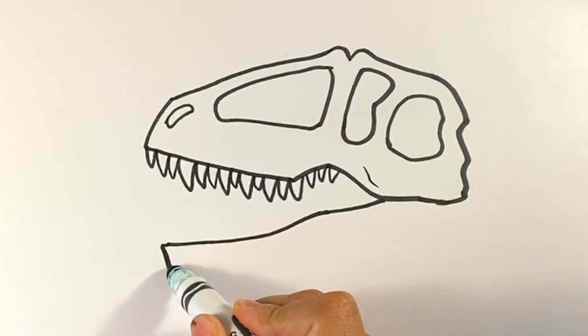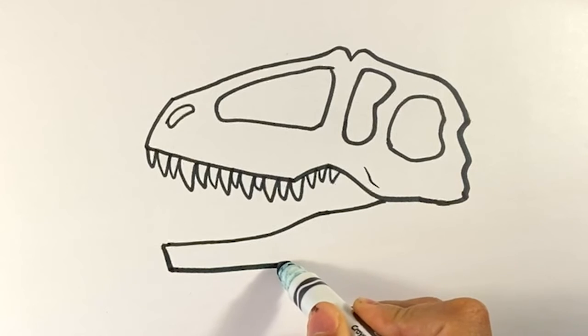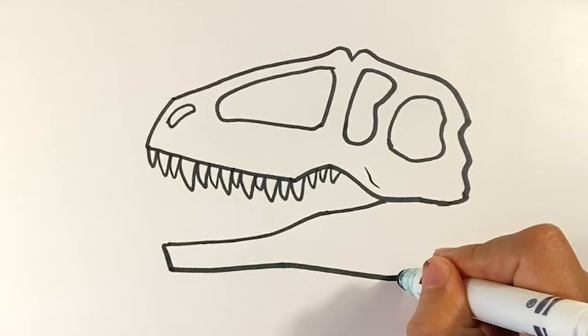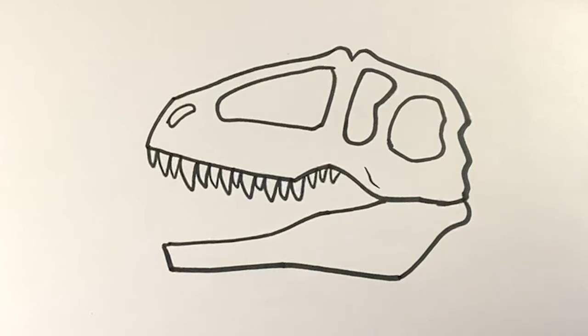It's got a very flat under jaw right here. That's a huge difference. The T-Rex doesn't really have that as much. It has this big, bulky underjaw. He's got this very, very flat line right there. It looks almost like something missing on the underneath. Pull up over here and curve back under there.